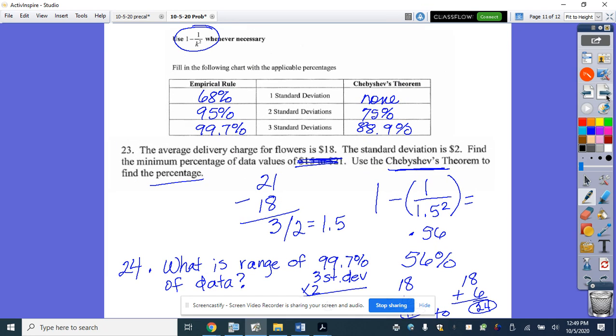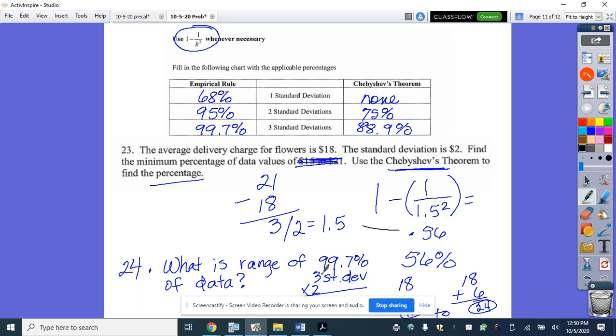Somebody asked me to do one as if we were doing the range. On number 23, it said you had to use Chebyshev's, and here is how I set up the formula if you need a reminder for that. For the range, I said I want the range of values that fall in 99.7% of the data. So 99.7 is 3 standard deviations on empirical rule.